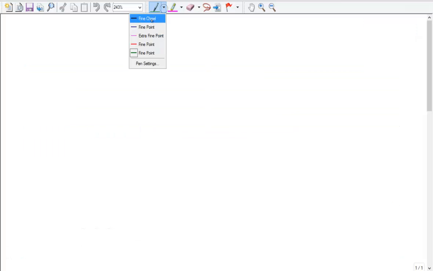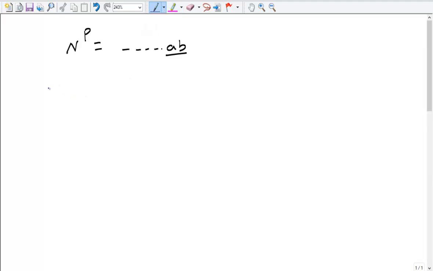Let's see how we can classify the numbers. The first thing is to find the last two digits of n raised to some power p. I'll classify these into two types actually. One, a number ending with 1. With this one, I'll take forward to a number ending with 5. So we have the same methodology for a number ending with 1 and a number ending with 5.